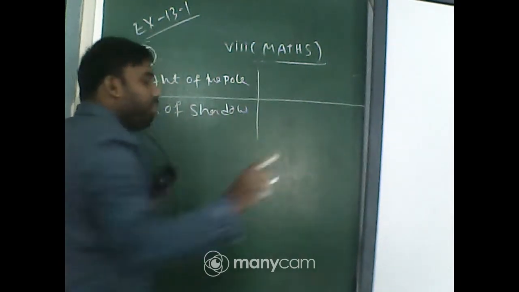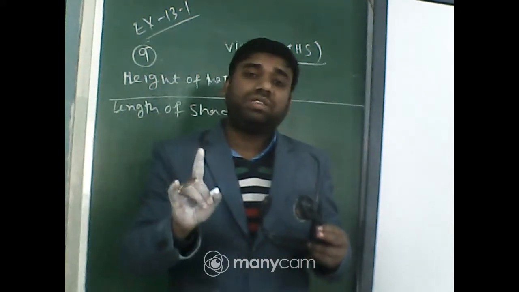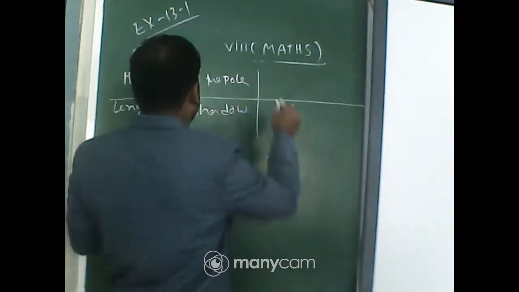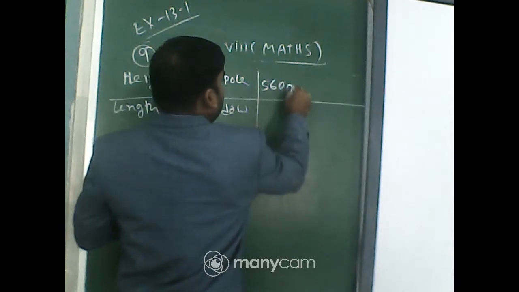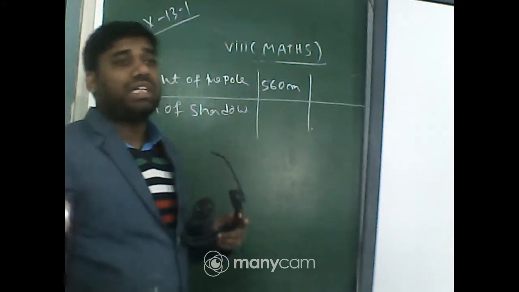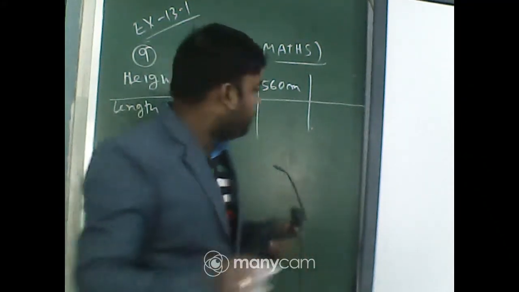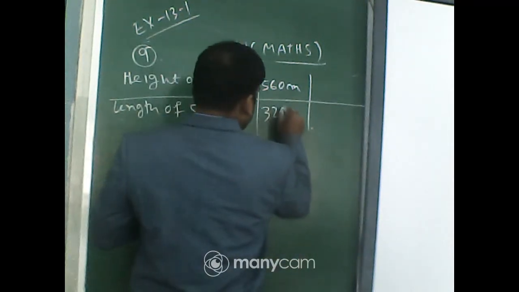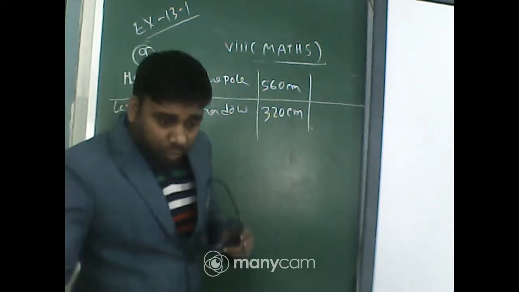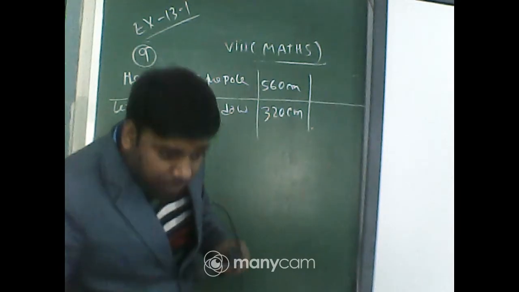Now 5 meter 60 centimeter: 5 meters is 500 centimeters and 60, so 560 centimeters. And the shadow, 3 meter 20 centimeter: 3 meters means 3 into 100, that is 300, and 20 centimeters, so 320 centimeters. And the next one, another pole, 10 meter 50 centimeter.